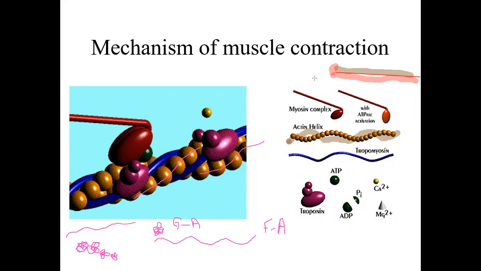Now, imagine on one end, we had another protein. Oh, I can't do that. So imagine I had another protein here on this end and another protein here on this end.